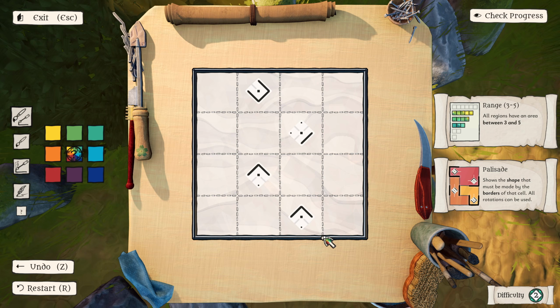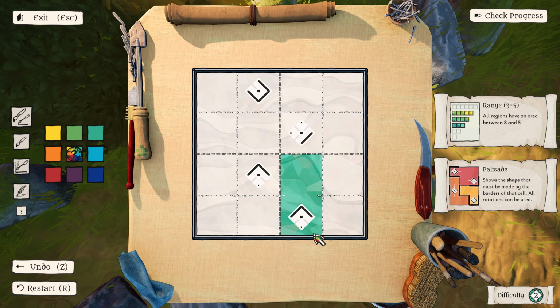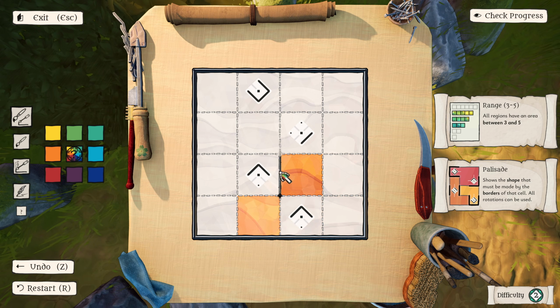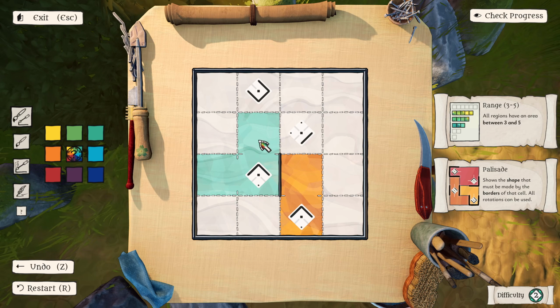This has to have either that line or that line, which means this must exist. All regions must be between 3 and 5. So this is going to get either that or that, which means that's going to be a line, which means this has to go out to here, and is either going to go to there or there.